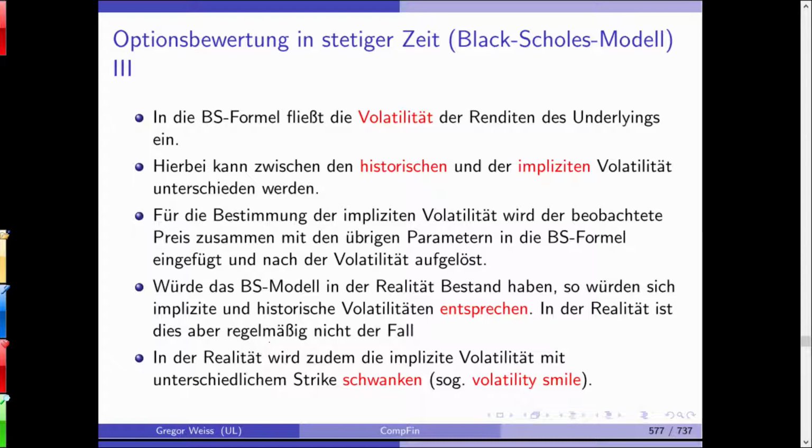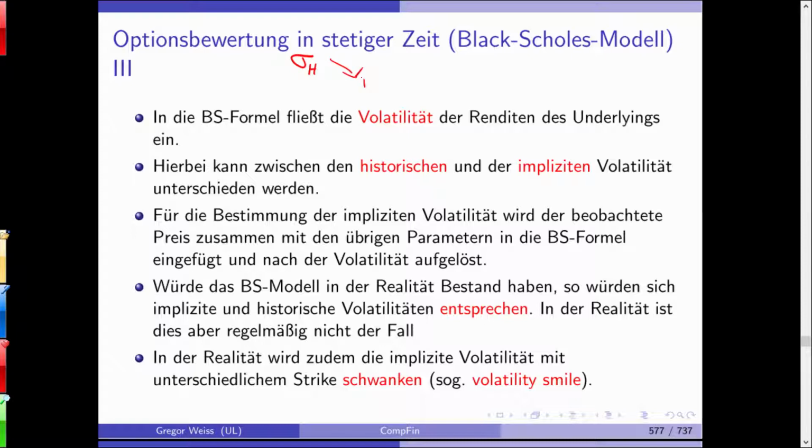Just one side note. You might know this. Perhaps it's new. You've seen that in the Black-Scholes model, the volatility of the underlying is an input parameter. And in practice, you can differentiate between the historical volatility and the volatility that is implied by the Black-Scholes model. How does it work? Now let's assume you have a historical volatility, sigma h.